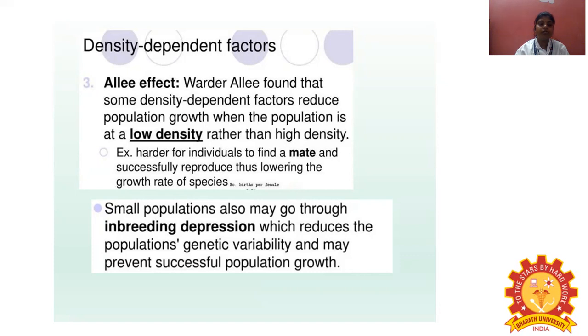Example: it is harder for individuals to find a mate and successfully reproduce, thus lowering the growth rate of the species. Small populations also may go through inbreeding depression, which reduces the population's genetic variability and may prevent successful population growth.